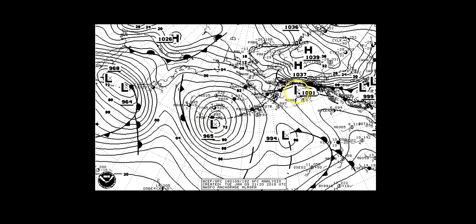And here's a very weak one over here by Alaska, and you can actually see there's a little bit of a stationary front with cold air to the north and warm air to the south. There's another low pressure down here as well. And during Alaska's wintertime, but also our fall and our spring as well, these low pressure systems really just march right along the North Pacific, often bringing us a lot of cloudy and stormy weather.